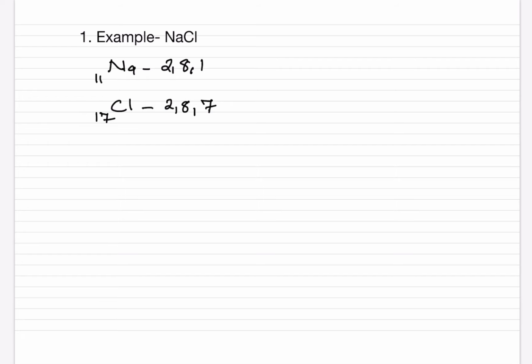Now we write Na and we will show this one electron in the outermost orbit of sodium. Whenever we are talking about bond formation, we'll always discuss the outermost shell. For example, in Na we talk about 1 and in chlorine we'll talk about 7.